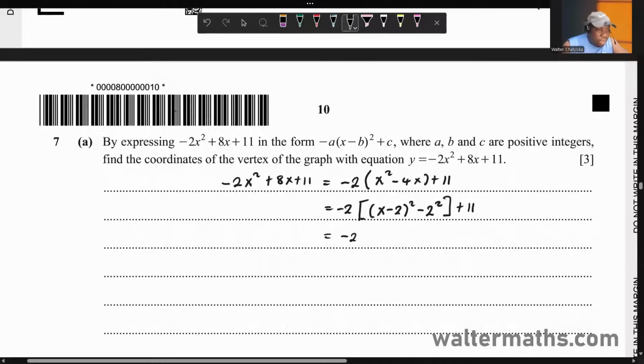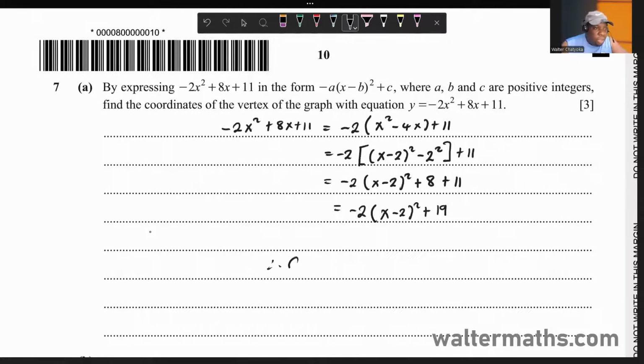This is -2(x - 2)² + 8 + 11, which is -2(x - 2)² + 19. So this is essentially what we get from completing the square.